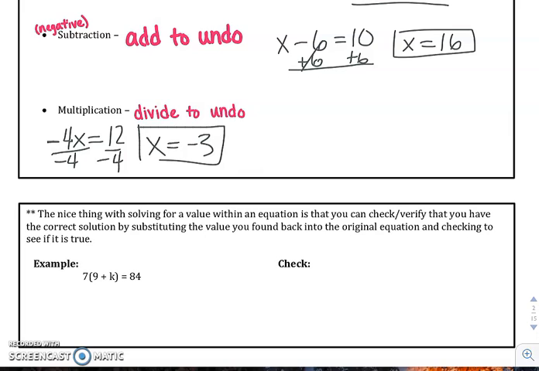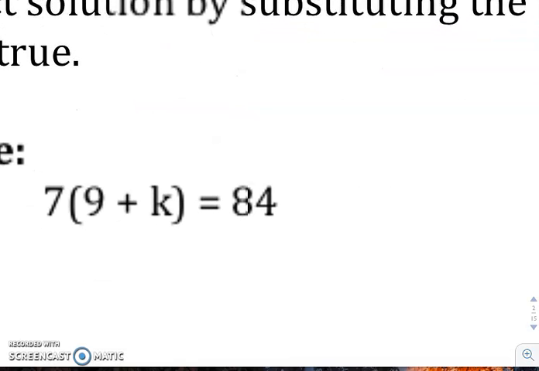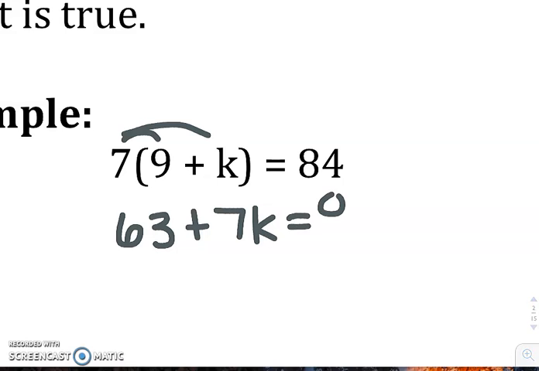The nice thing with algebra is that you can always check your equations. Say I'm going to solve this equation for k, and I'm just going to do it quickly here. We can simplify this left side. I would distribute that 7 in there, and get 63 plus 7k equals 84.